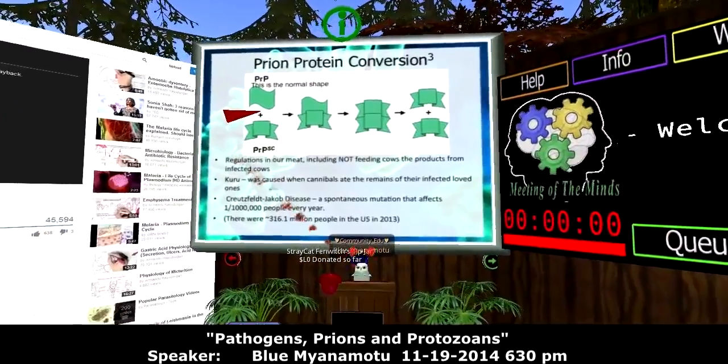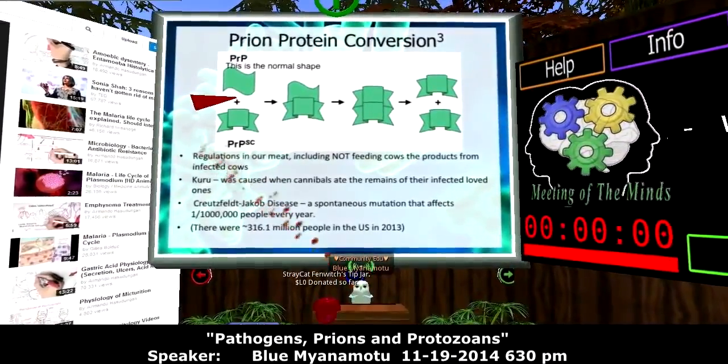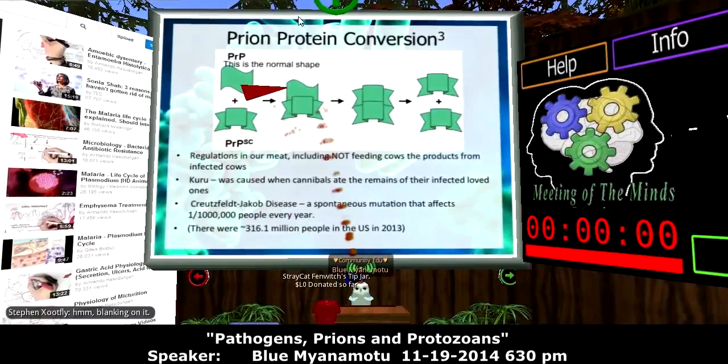Maybe Stephen remembers, but prion protein SC means it's the mutated form. When they touch each other, it starts a reaction, and for some reason when they touch each other, it folds the normal protein into a prion protein. Isn't that freakish? Like, this is so scary.